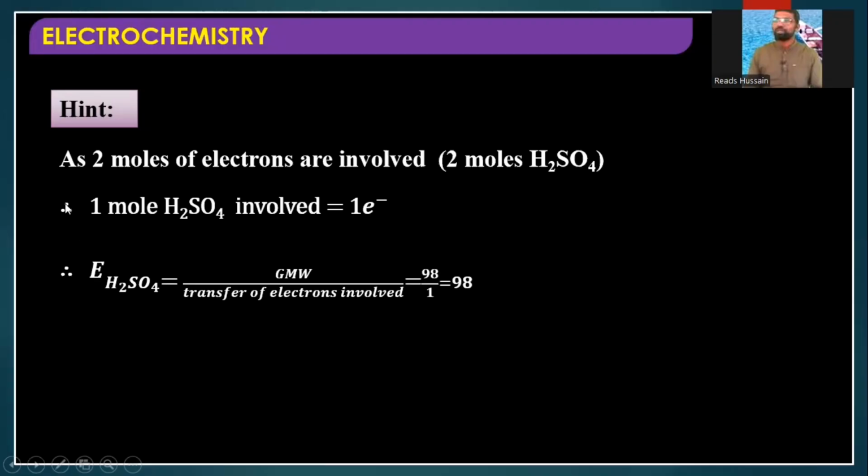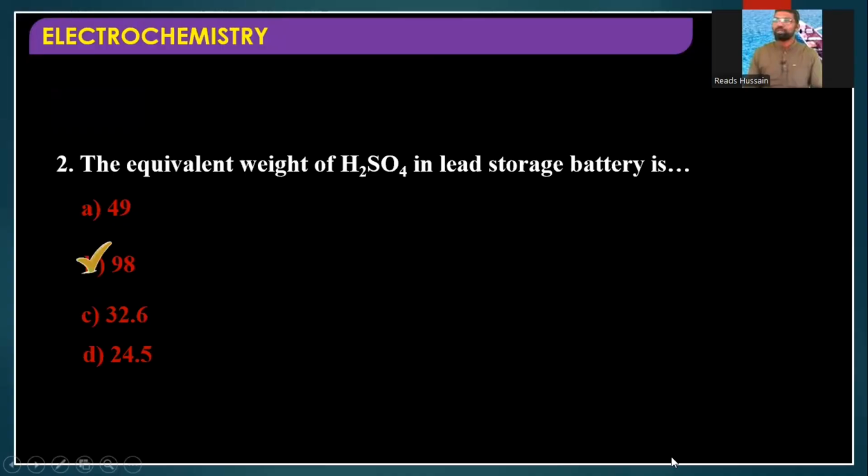But here, 2 moles of electrons are involved for 2 moles of sulfuric acid. Then for 1 mole of sulfuric acid, 1 electron, no? Just to make you understand, I will go back to the previous reaction I have mentioned.